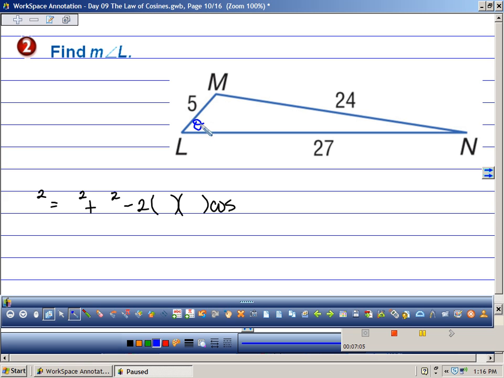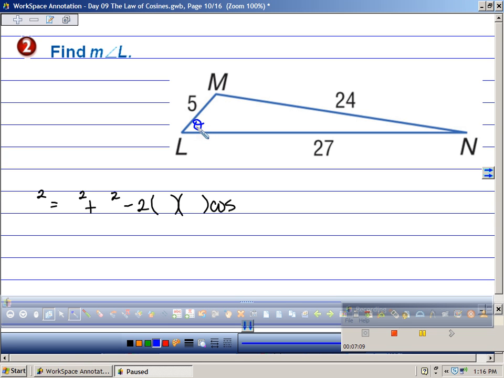I'm looking for L, but I don't know what it is. There's a hint right there. What are we going to use at the very end of this problem? The inverse of cosine, because I'm looking for an angle. So I'm looking for big L. Therefore, I'm going to start with little l. What's little l? This is kind of hard to see. It'd be 24.